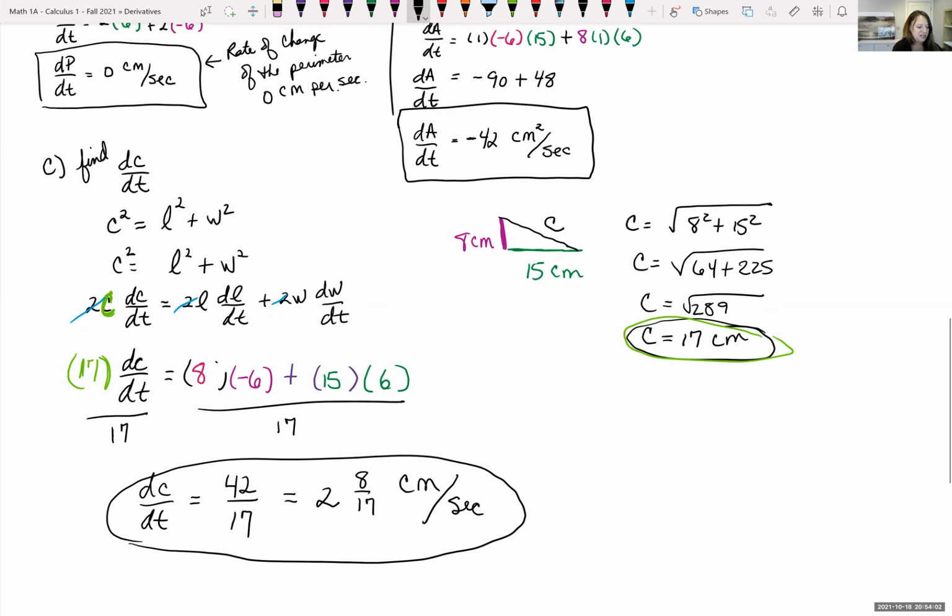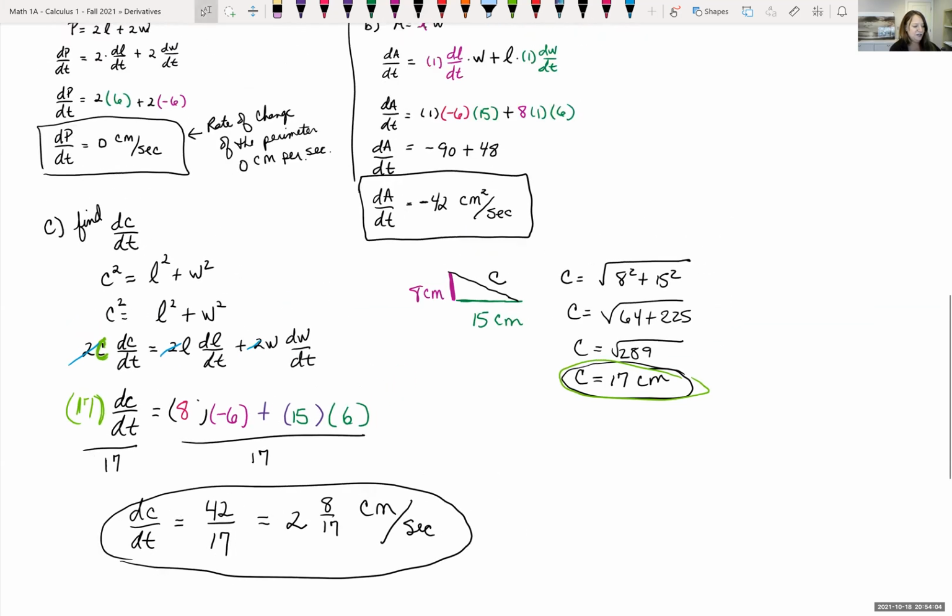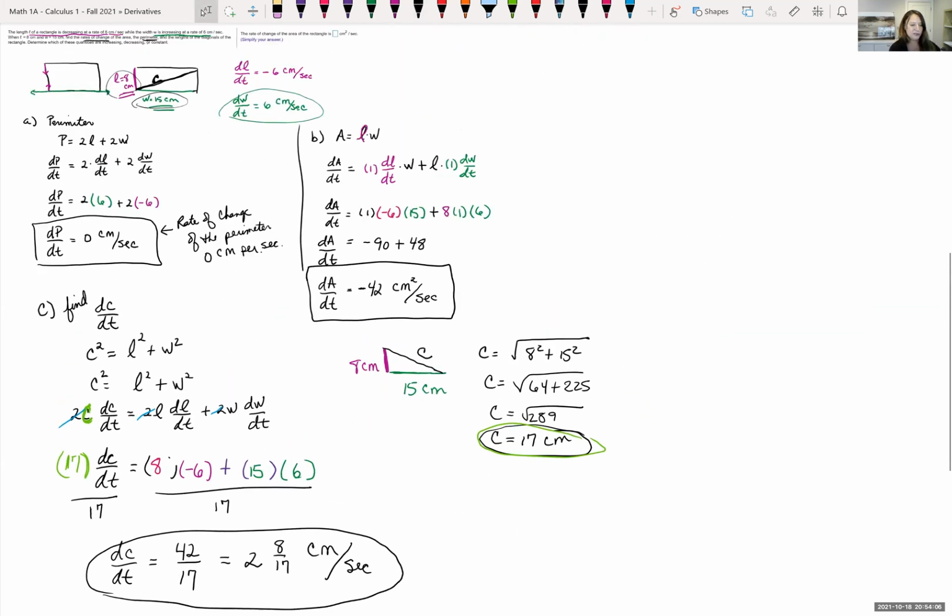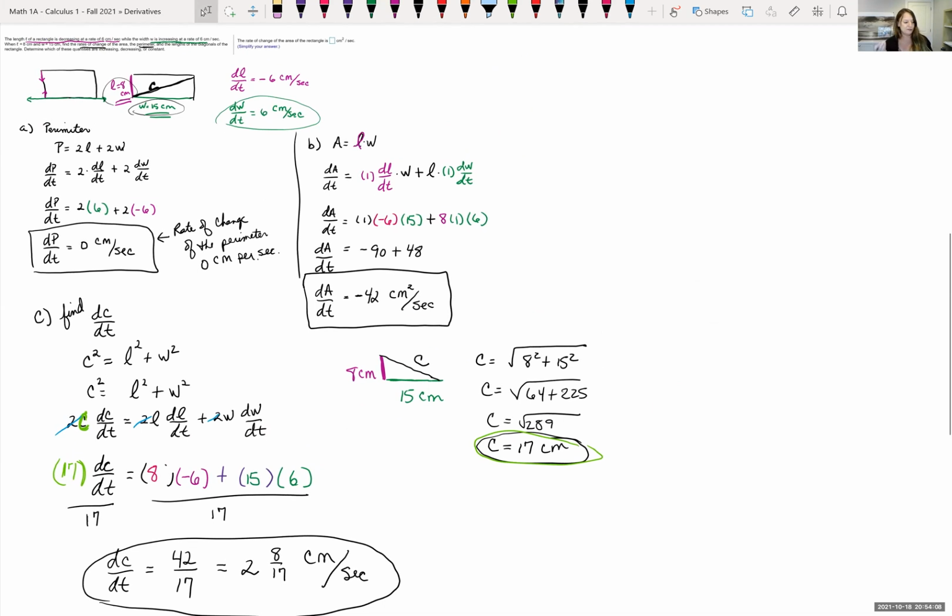Okay. So that was kind of a good problem in the fact that it took one thing we know about rectangles and it looked at multiple different things: perimeters, area, diagonal. Let me pause here. Is it still centimeters? Yeah, so it's still centimeters because both of our lengths and our widths are centimeters.